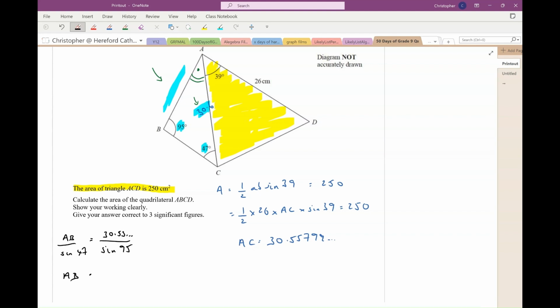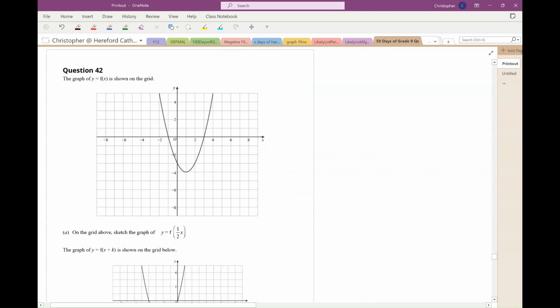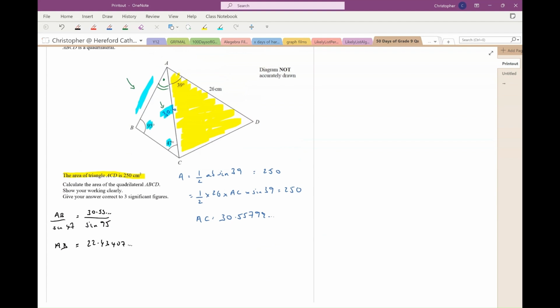So I'm going to divide that by sine 95, times by sine 47, equals. So AB is 22.43407 and so on. So now I can find the area of this triangle here.